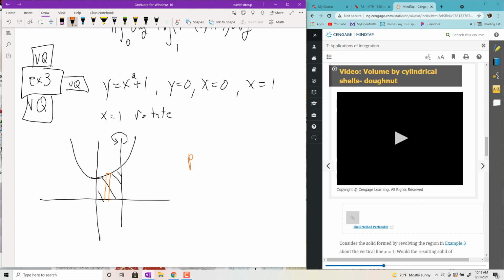Okay, so here the radius function is in terms of x, and then we need a height function as well. The radius function now is always the distance from the axis of rotation to the rectangle, okay? So it's not just going to be x, right? It's not. x would be this distance from here to here.